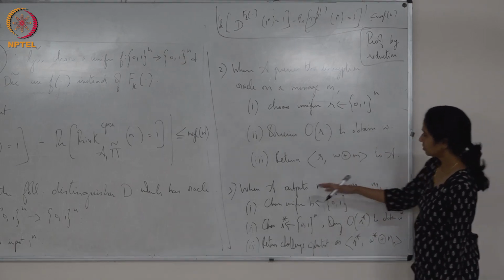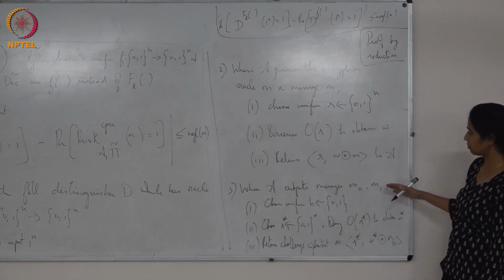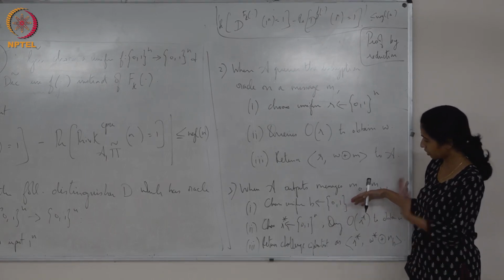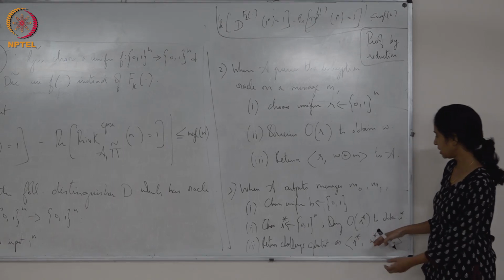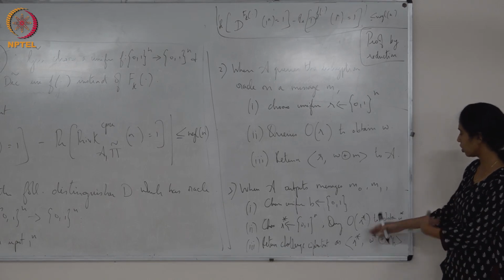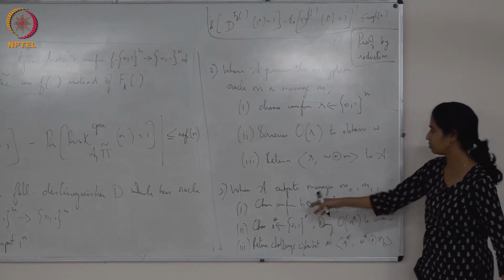So when A outputs messages M0 and M1, D chooses the uniform bit B on its own, and returns the ciphertext R star for a uniformly chosen R star, comma O of R star XOR MB for that B that it chose.